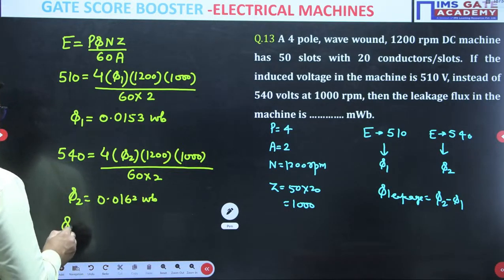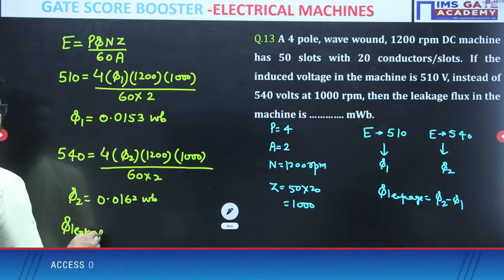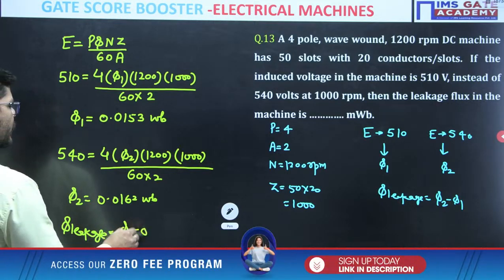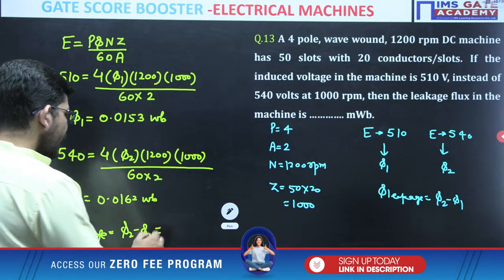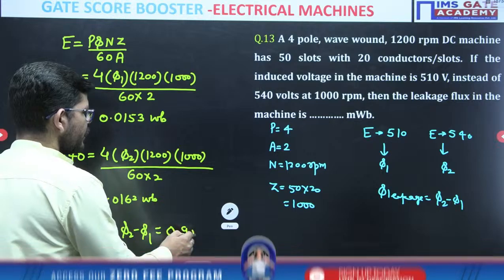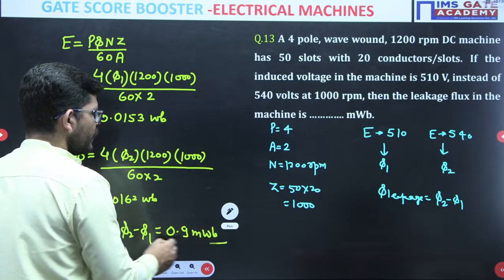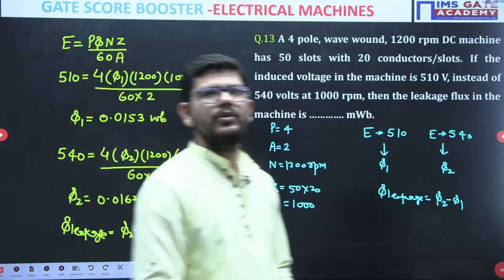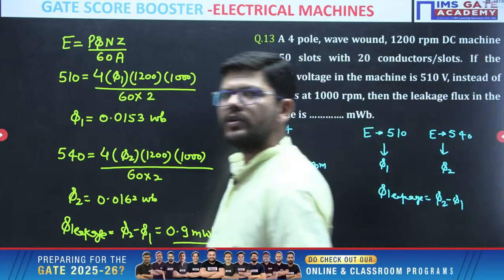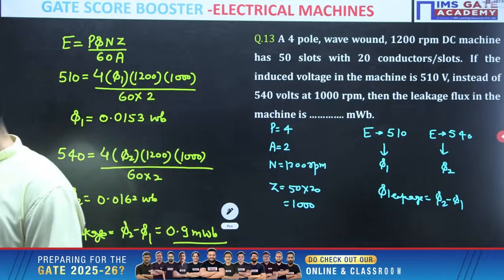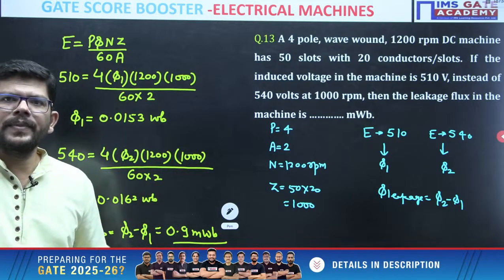Then leakage flux will be phi2 minus phi1, because phi2 is more than this, then you will get 0.9 milliwebers, correct, and the answer that we have to give is in milliwebers. So 0.9 milliwebers. I hope that you are also getting the same answer, 0.9 milliwebers.